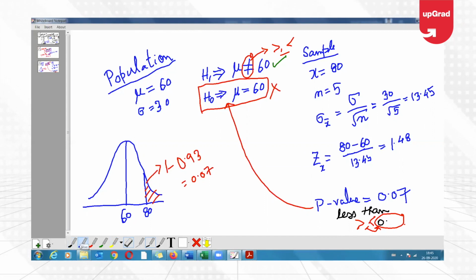If that happens, then for each of them, this one is 0.05, fine, no problem. Both of them combined is 0.05, but each of them will get 0.025.